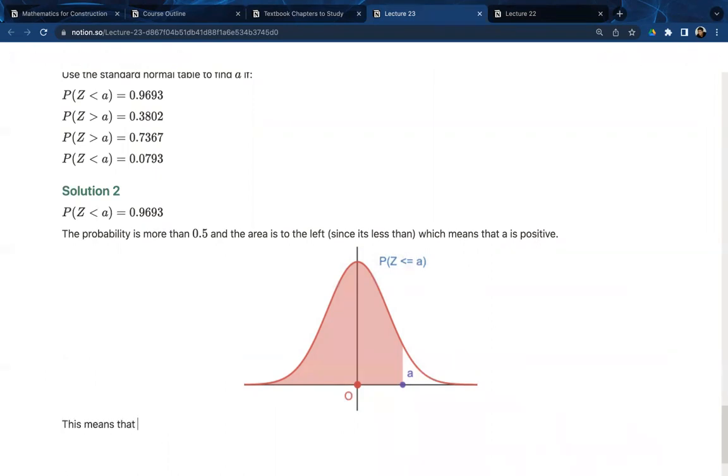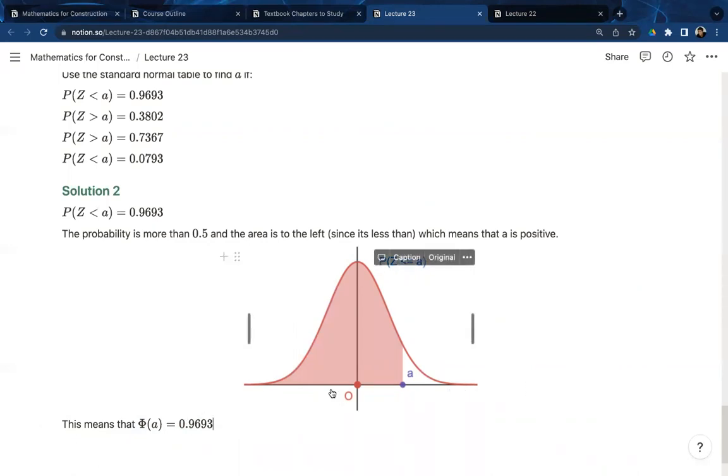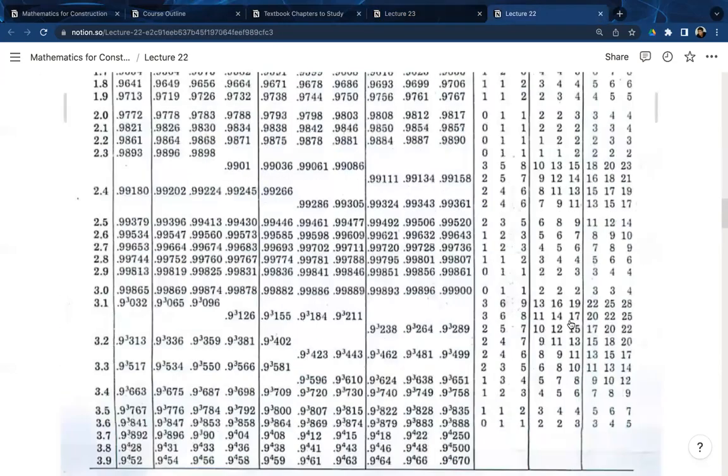This means that 5A is 0.9693. Remember, 5A is the probability to the left of the value. The probability that Z is less than A, right? Z is the value of the normal variable, and the probability that that is less than A is 0.9693. So that's what the table really gives.